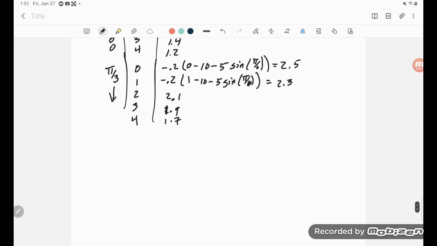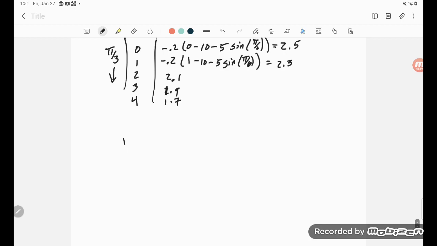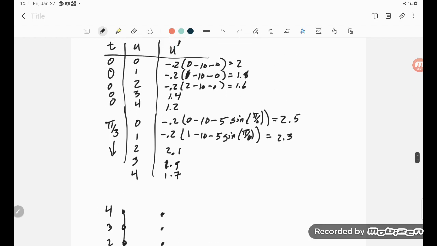Okay, so what I'll do now is I have these points here, 0 and pi over 3. So here's t. And then at each of these, I have u at 1, 2, 3, and 4, and 1, 2, 3, and 4. So those are the 10 points in the Cartesian coordinate system that I created up here.